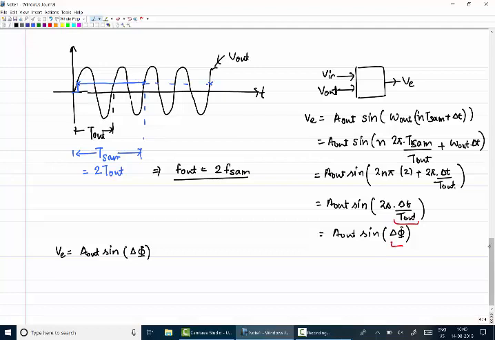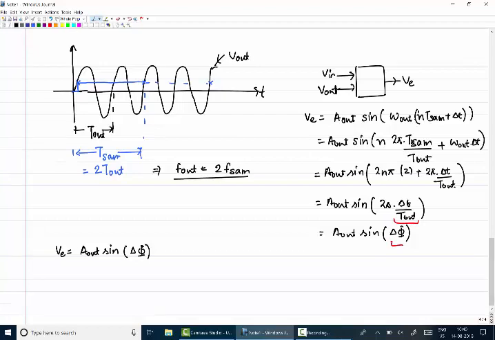Okay. So now another important thing you look at. If I just plot this particular phase error detector with respect to delta phi, you see that this is A out times sine of delta phi, going from minus pi by 2 to plus pi by 2, this is V error.